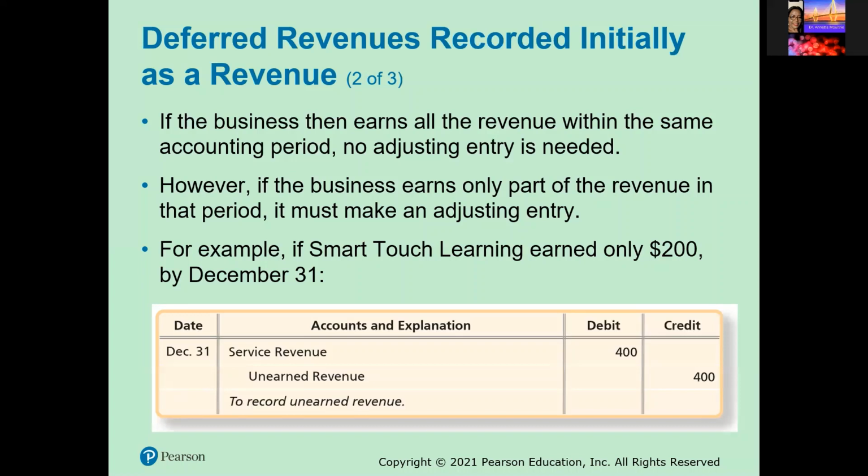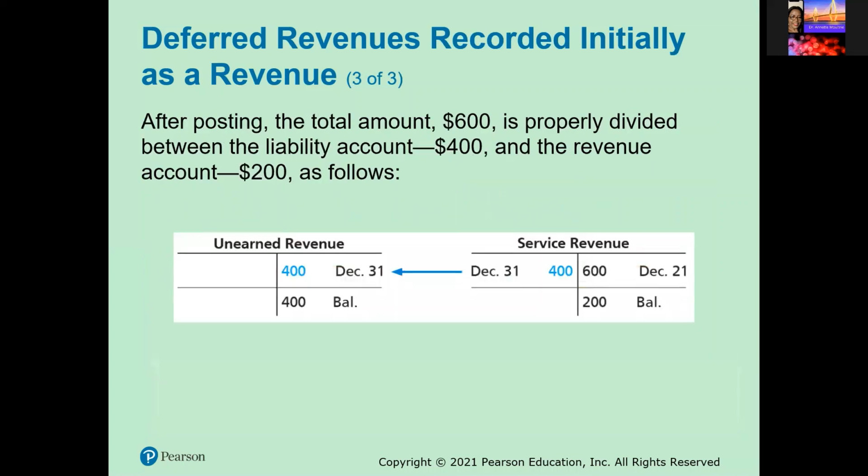The adjusting entry transfers the unearned portion of service revenue to the liability account because Smart Touch Learning still owes e-learning services next year. After posting, the total amount, $600, is properly divided between the liability account, $400, and the revenue account, $200.